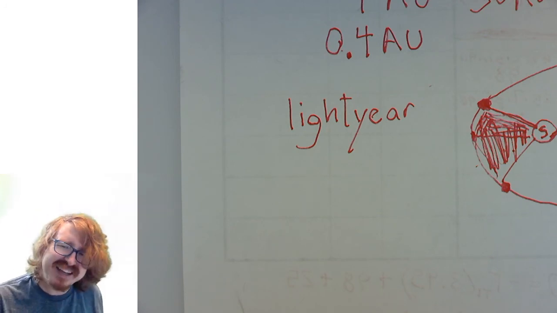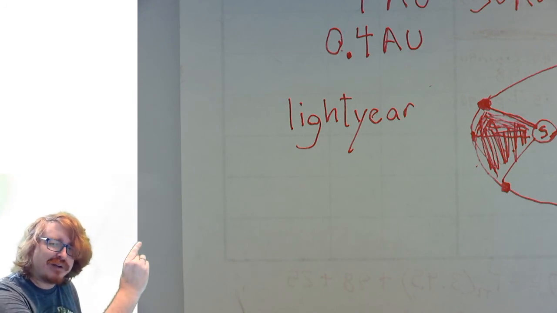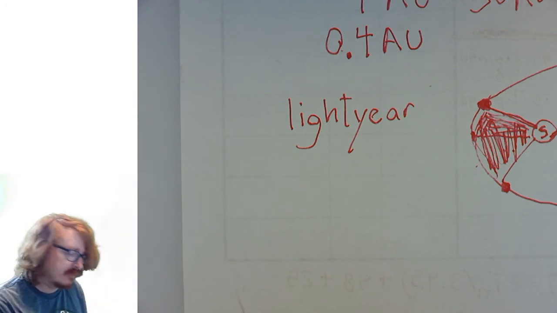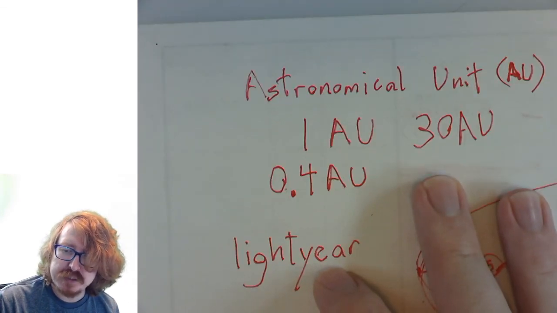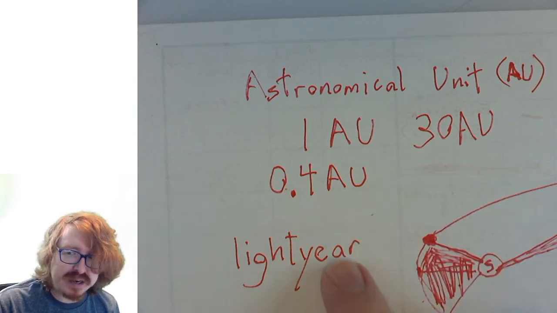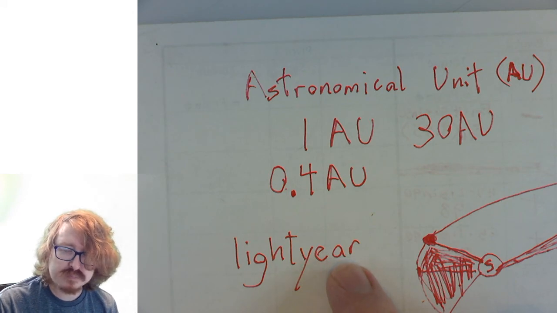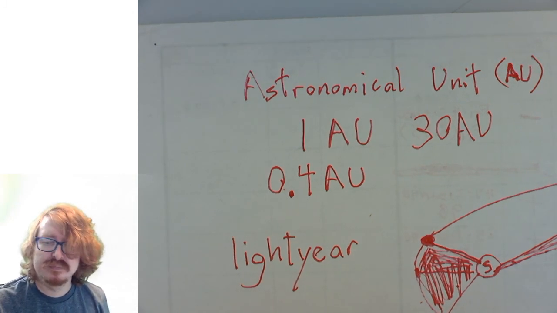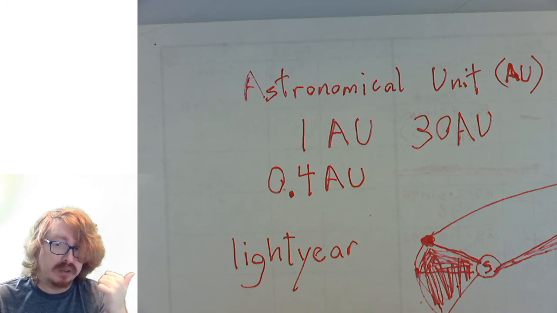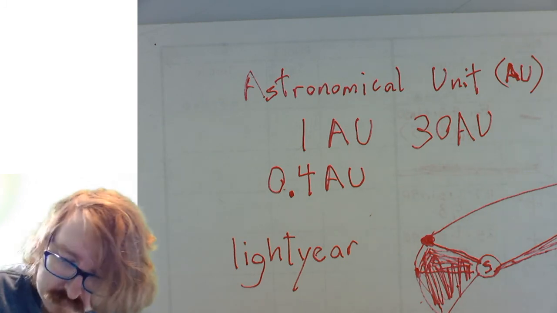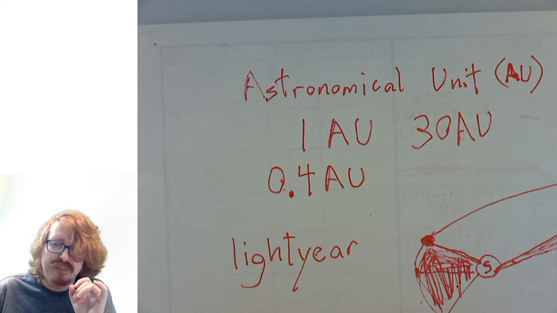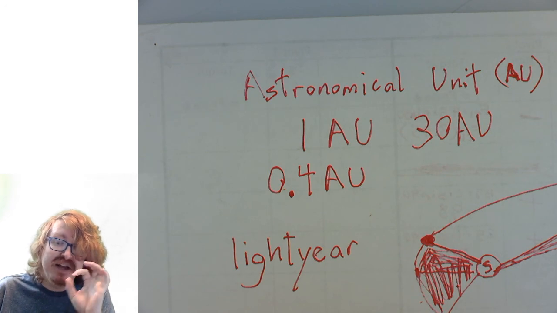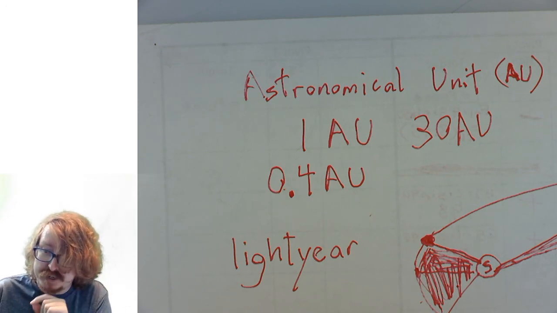Now, check this out. If light can go 93 million miles in 8 minutes, we know a light year is bigger than an astronomical unit, but is a light year a lot bigger or just a little bit bigger? It's a lot bigger, okay?